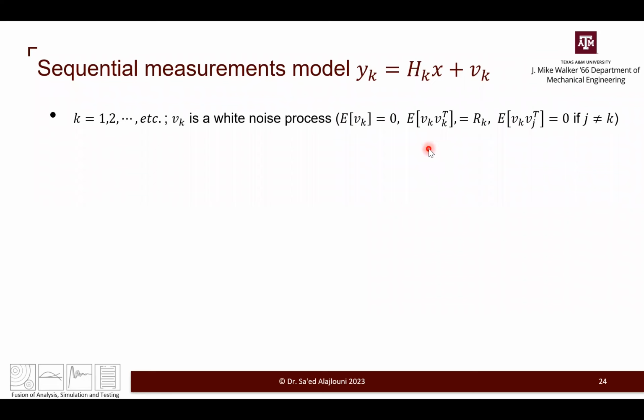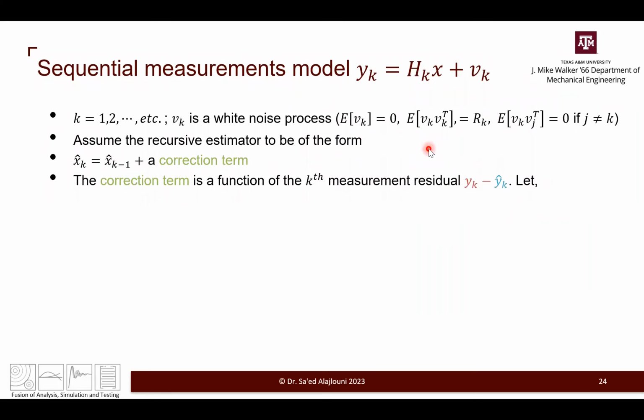Okay, so assume, and this is a big assumption, but it will work out nicely, that our estimator takes this form. We take the previous estimate and we add to it a correction term. And the correction term is a function of the residual, basically the measurement minus the expected measurement.